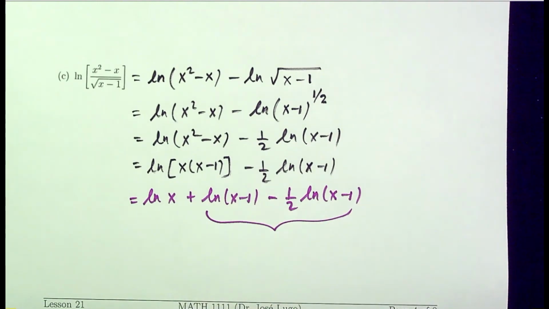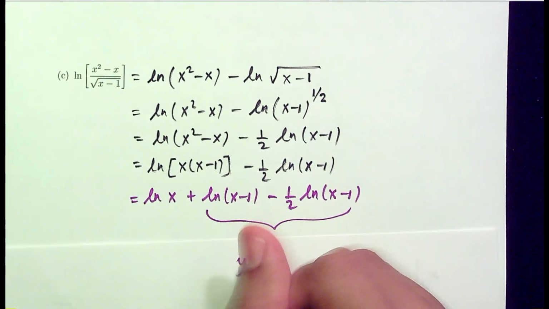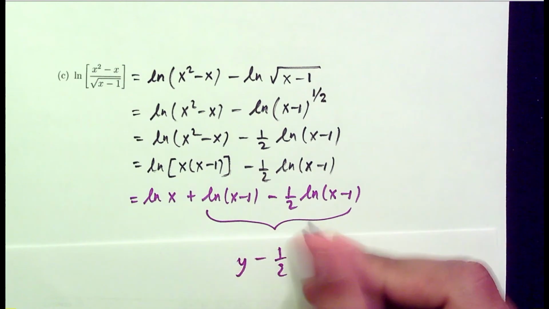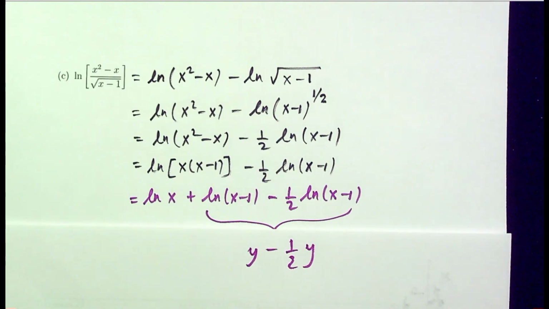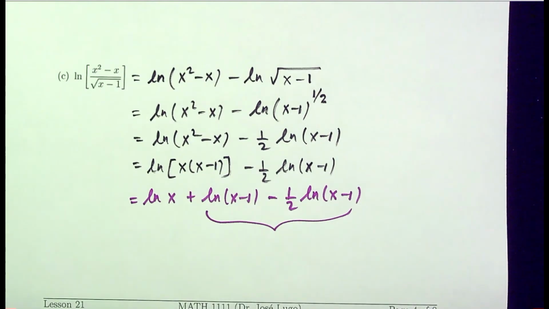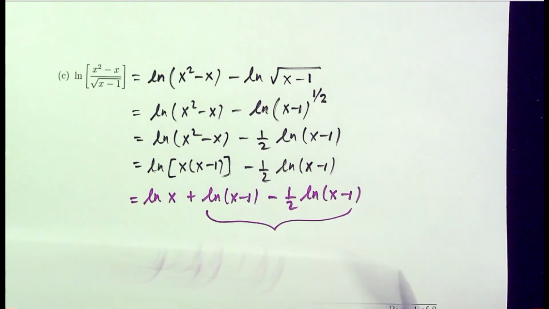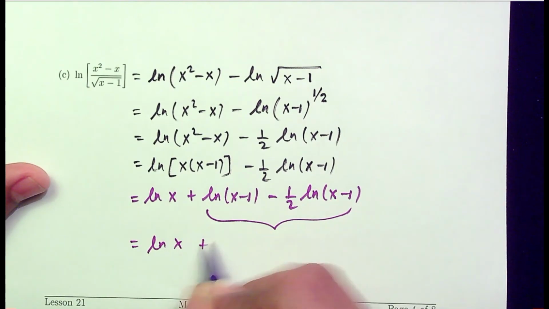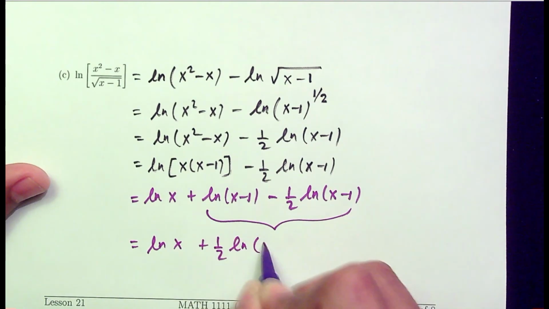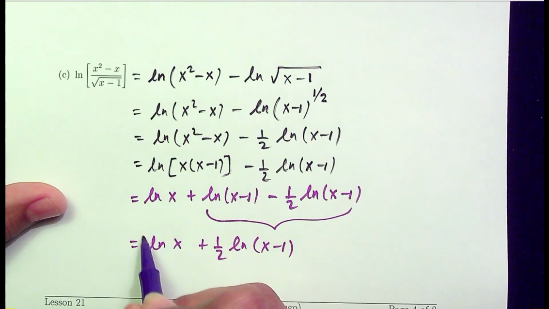It's like having something, let's say y, minus 1 half of the same thing. These are like terms. So then, of course, 1 minus 1 half is 1 half y. So this is going to give you 1 half ln of (x minus 1). And now that really is the end.